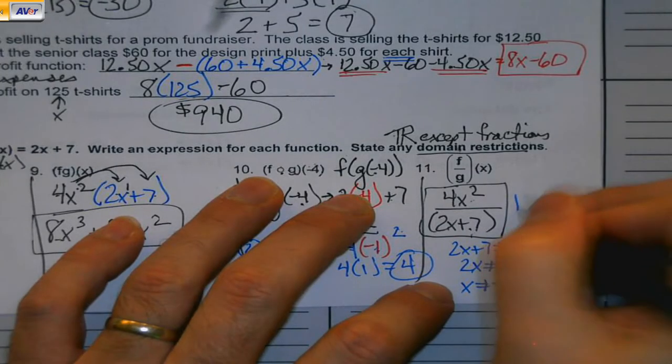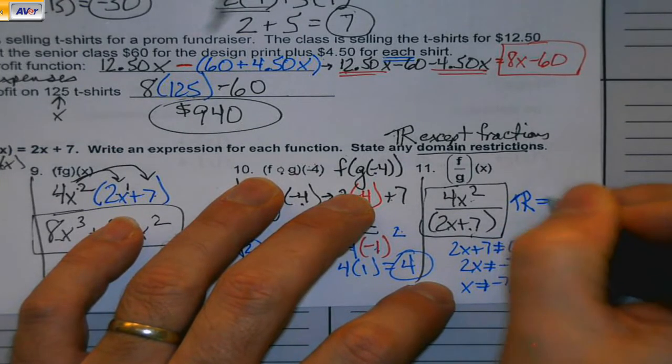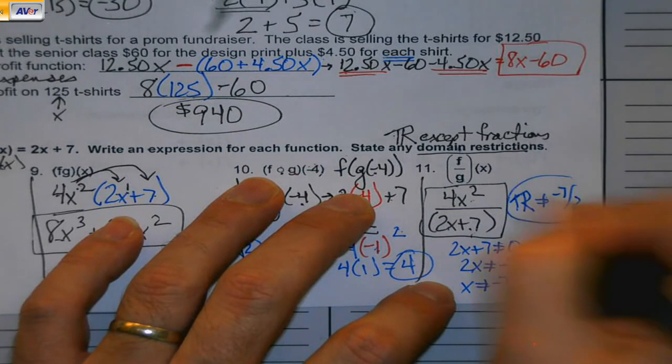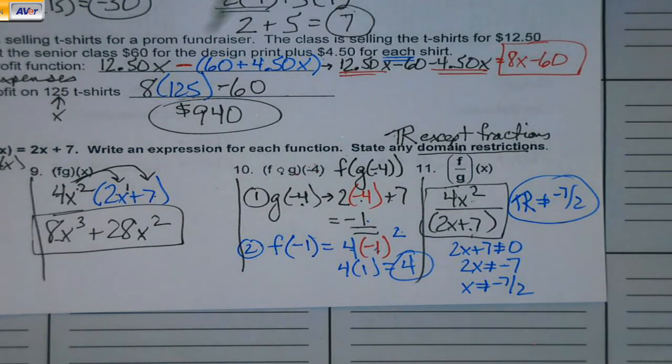So my restriction here is I can have all reals except for that one number. And I've got to find what that number is when I've got a fraction like this. Anytime there's a variable in a denominator, we got to knock that out.